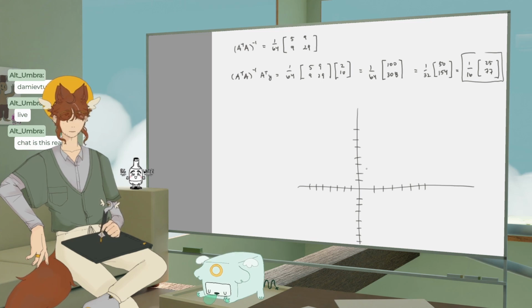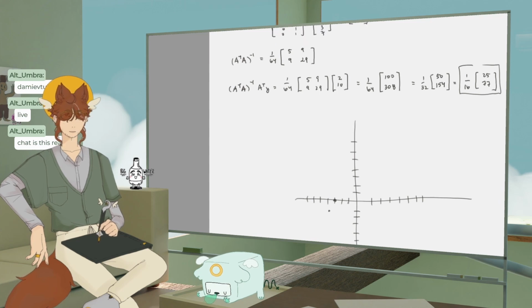Okay. We have -4, 1. There. We had -3, 0. There. We had -2, 1. There. 0, 3. There. And then 0, 7.